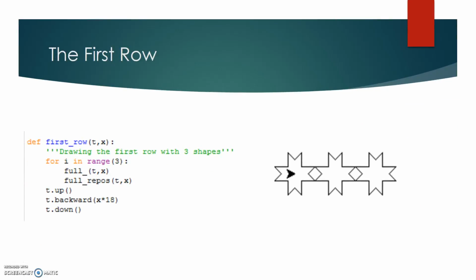Using both the full shape function and the reposition function, I can draw the first row of the pattern.